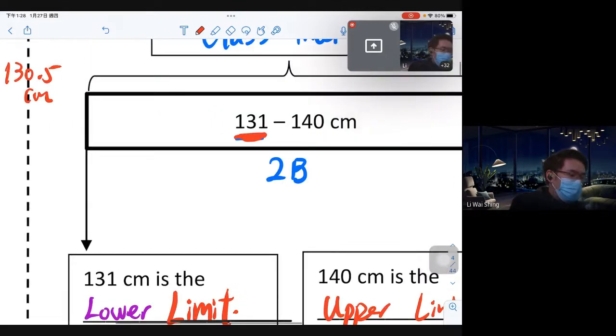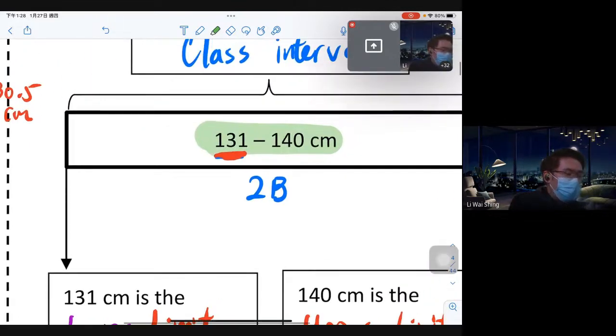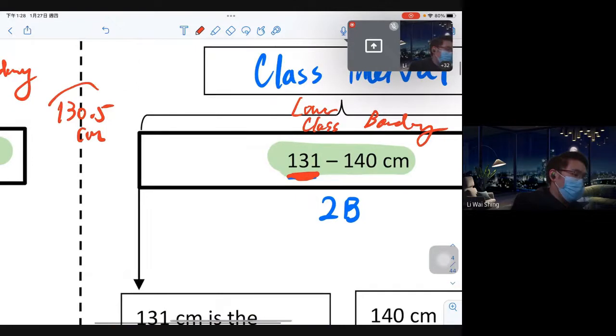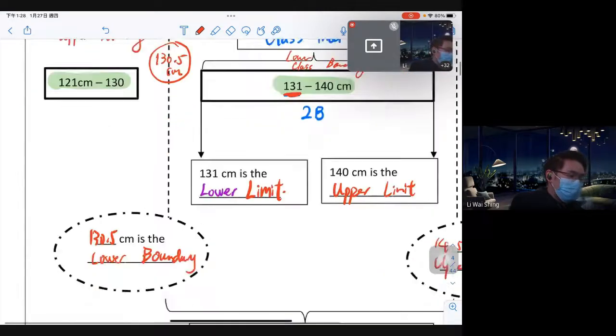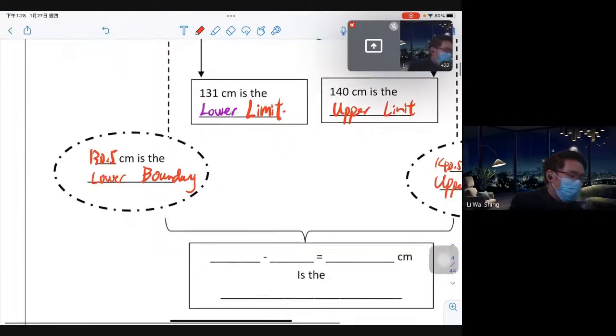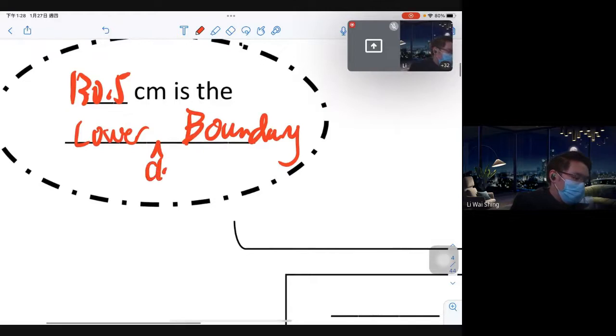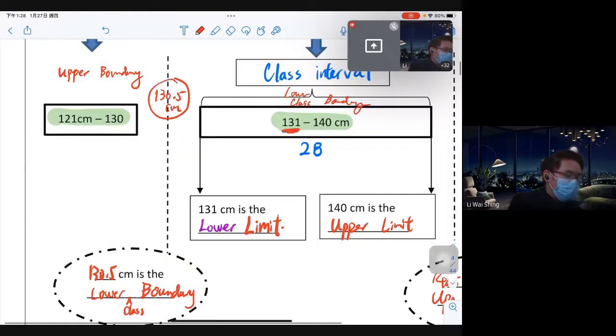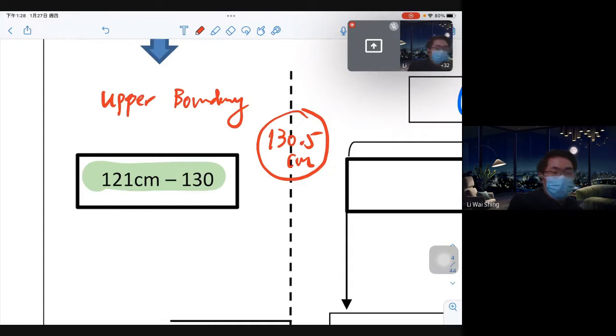What about this class? What is the lower class boundary? Yes, it's still 130.5. So when you talk about 130.5 is the lower class boundary? No, for the previous class, it is the upper class boundary.